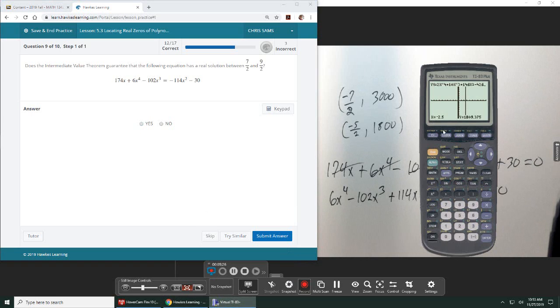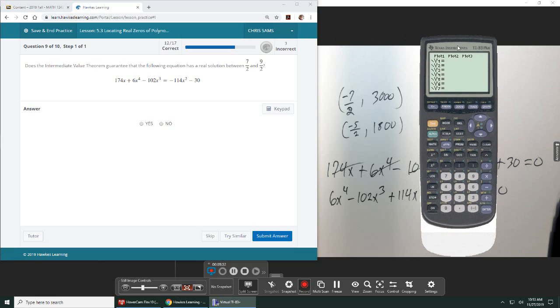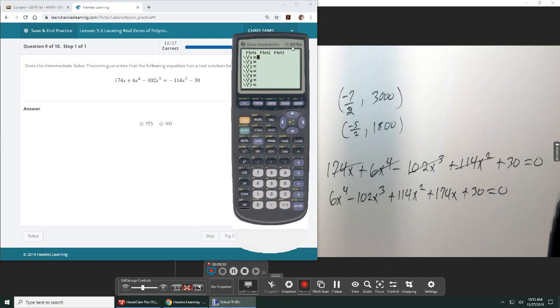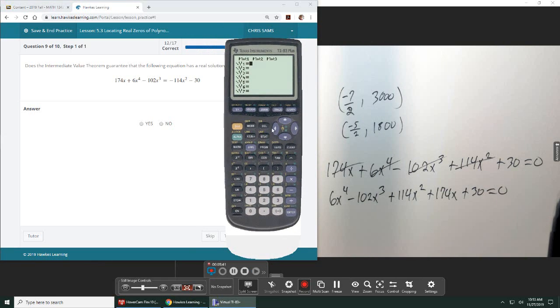I'm going to do the same thing I did on the previous problem. Go to y equals. I'm going to clear out what we have. And I am going to graph this function: 6x to the 4th minus 102x cubed, and then plus 114x squared, plus 174x, and then plus 30.